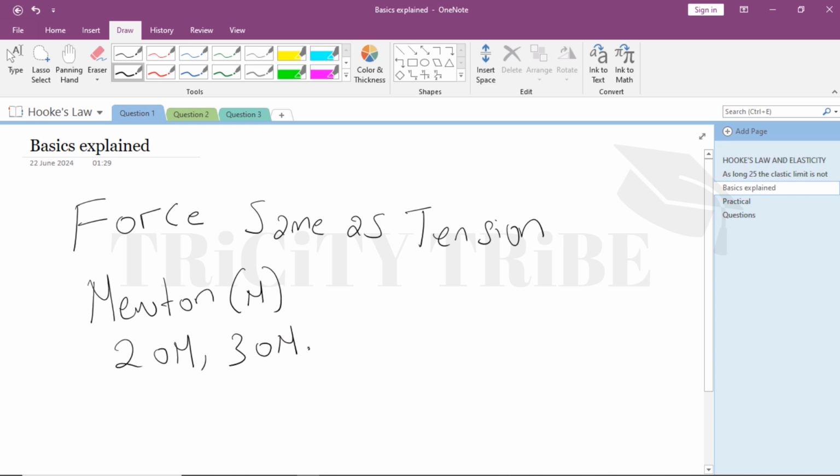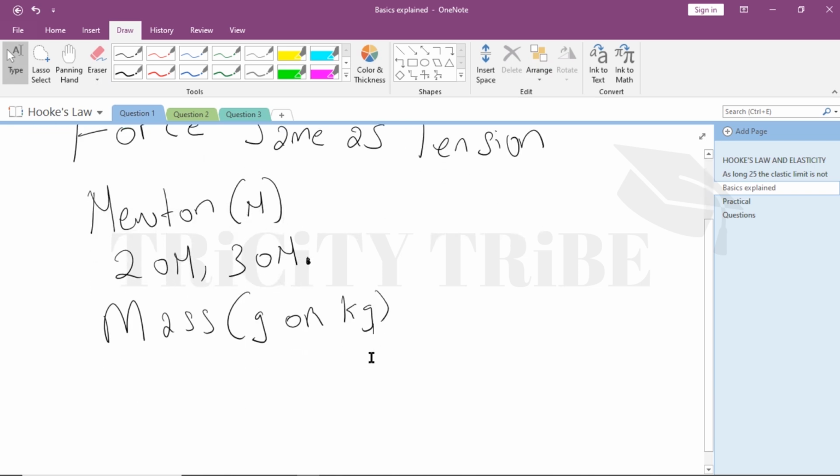But there are times you might not be given your loading unit, or the load given to you might not be in force or tension. It might be given as mass, and mass is measured in grams or kilogram. Do you understand?